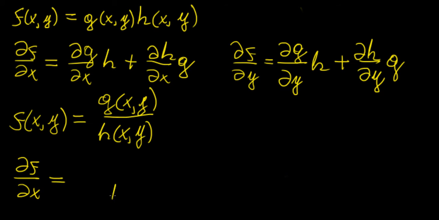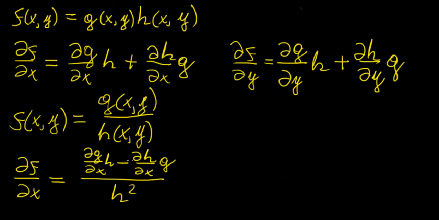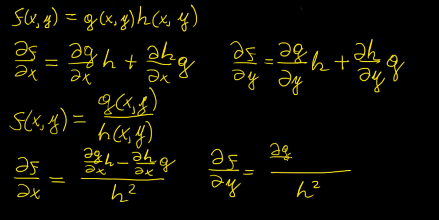That's going to be over h squared, and here we're going to have partial of g with respect to x times h minus partial of h with respect to x times g. And similarly, if we want the partial derivative with respect to y, we would have once again h squared, and here we would have partial of g with respect to y times h minus partial of h with respect to y times g. So that's the quotient rule for you.